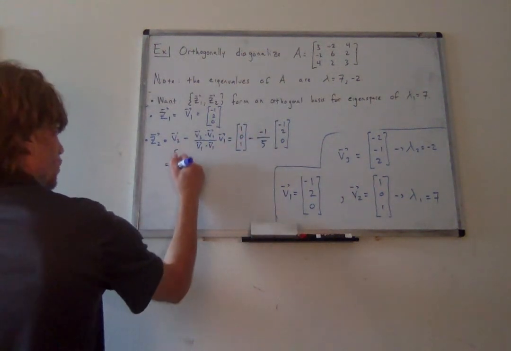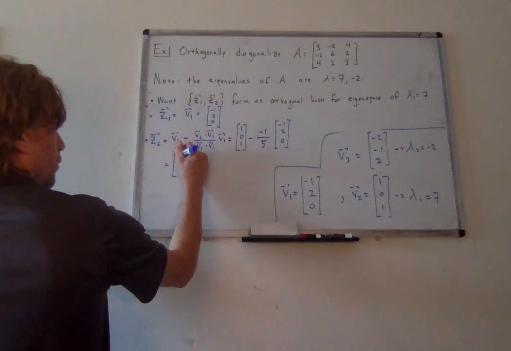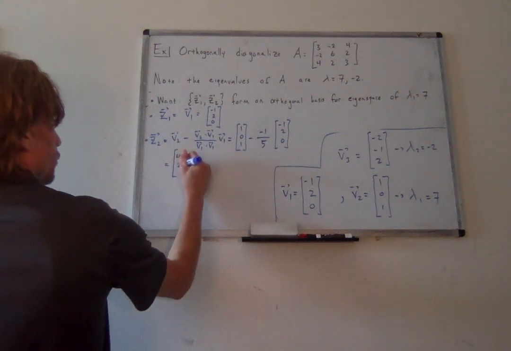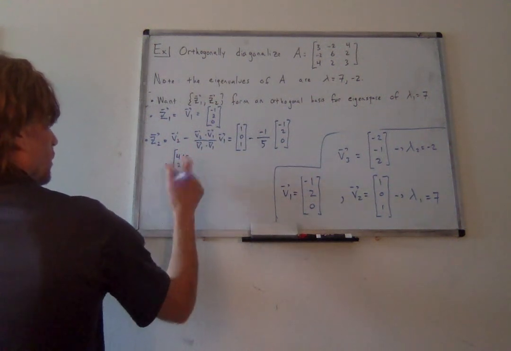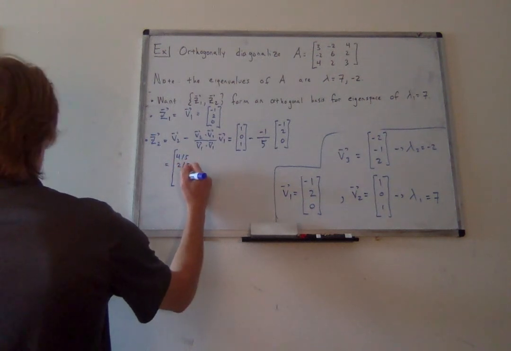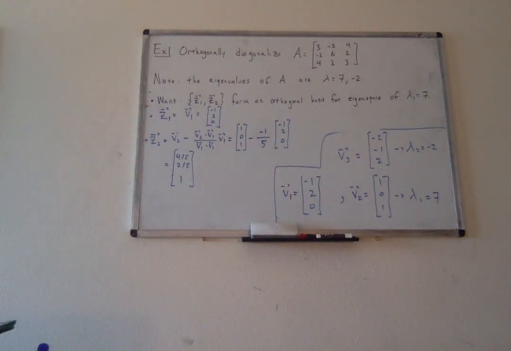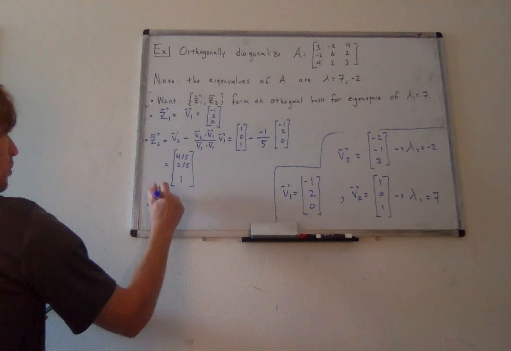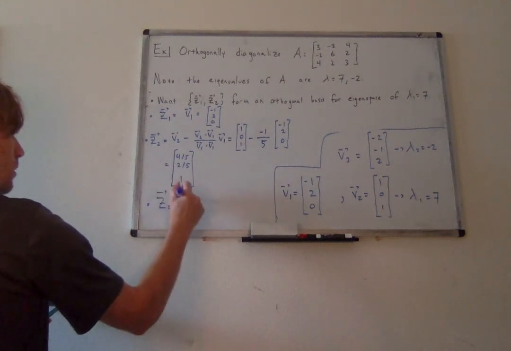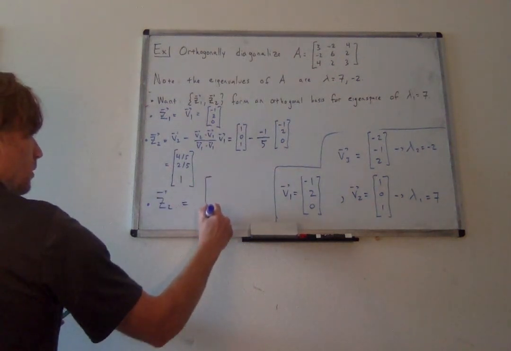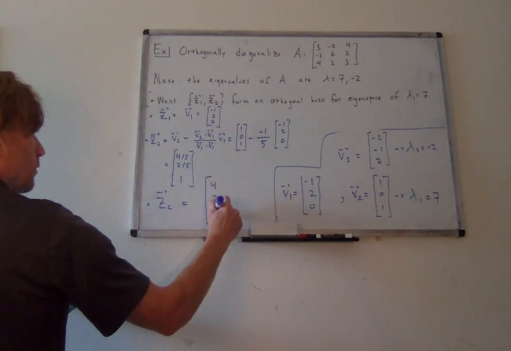And so z2 is equal to 4/5, 2/5, 1. But remember, I can take any scalar multiple, so I'm actually going to let z2 equal the vector 4, 2, 5.